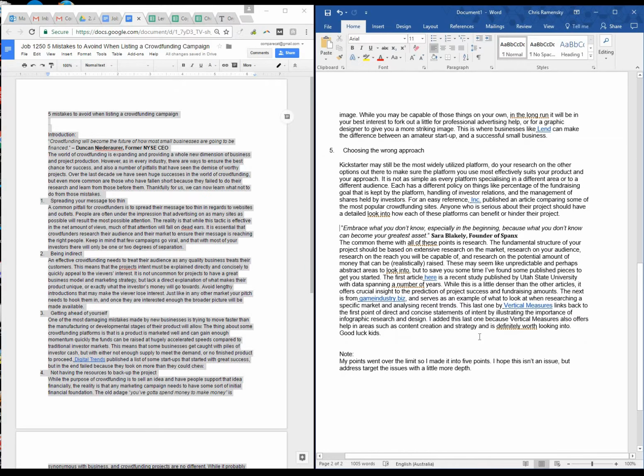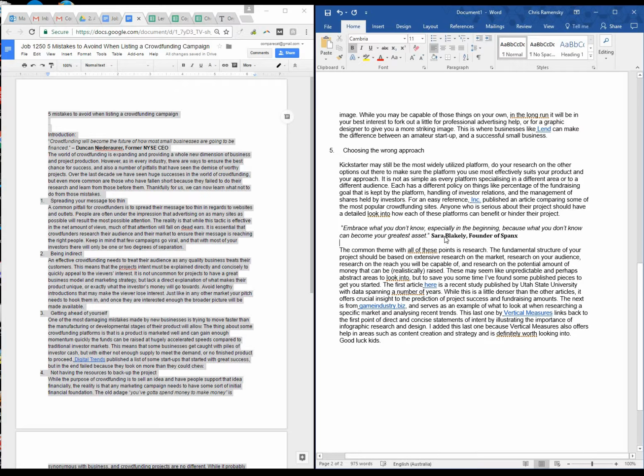So we'll delete that word conclusion. This is just a note from the author, so that's not necessary for the client. We've got another quote here which we'll separate and remove the bold.